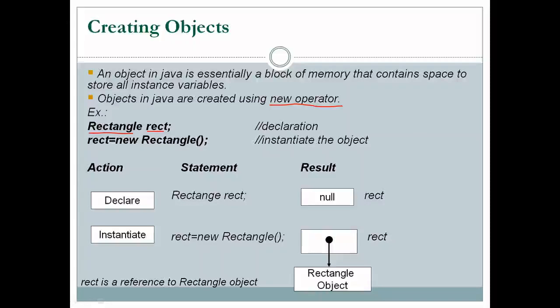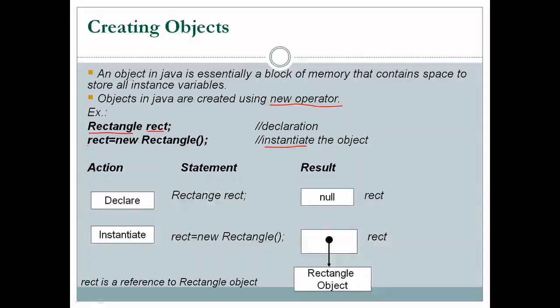Then the next step is instantiating the object. So we have two steps for creating an object. First is declaration and second is instantiation.